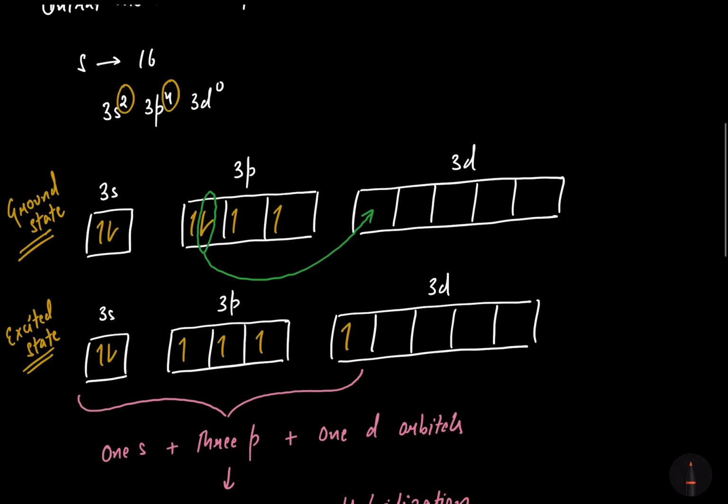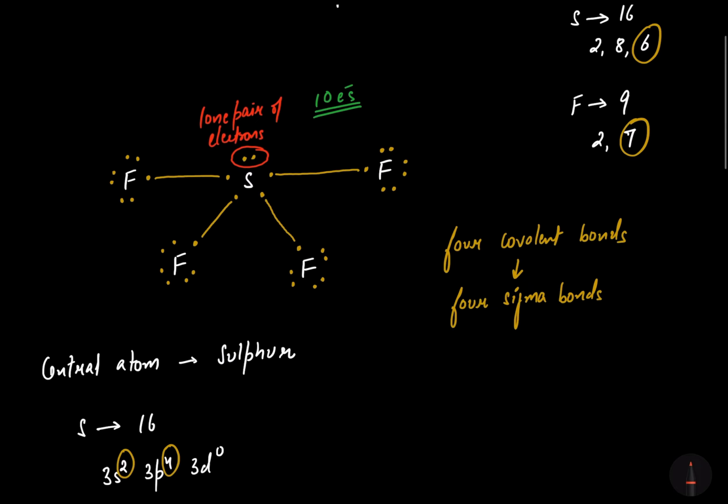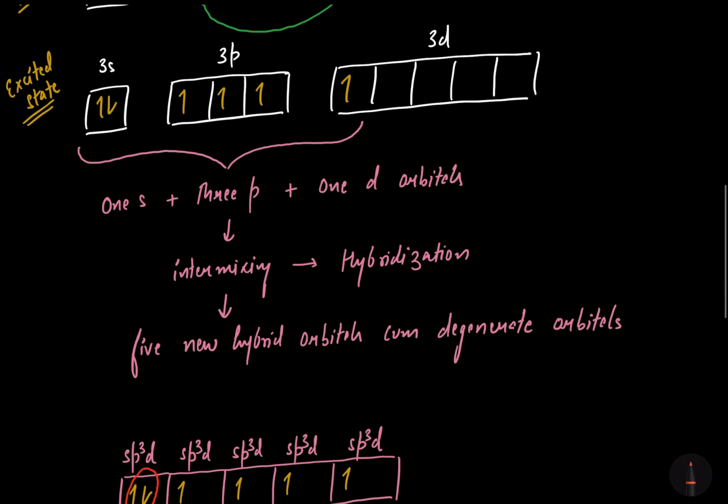Let's come to the Lewis structure. In the Lewis structure, we were having this to be the lone pair of electrons. This one was the lone pair of electrons present in one of the sp3d hybrid orbitals.